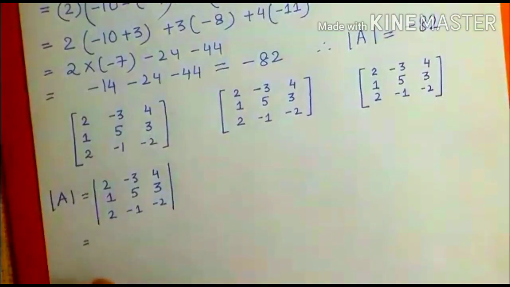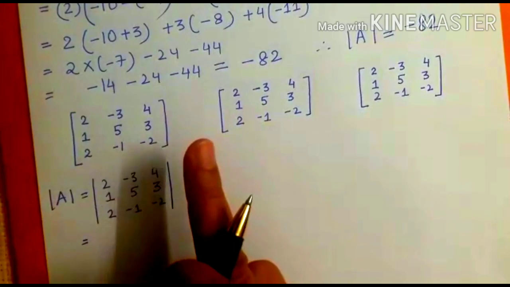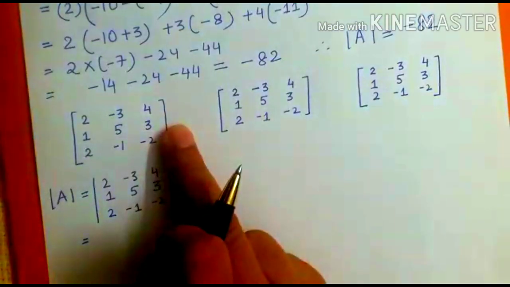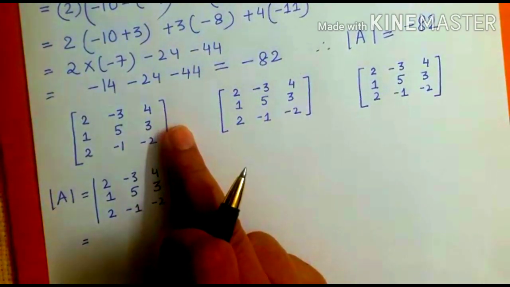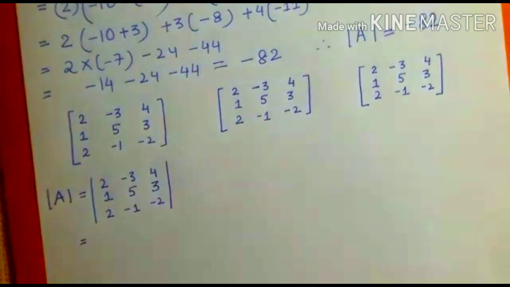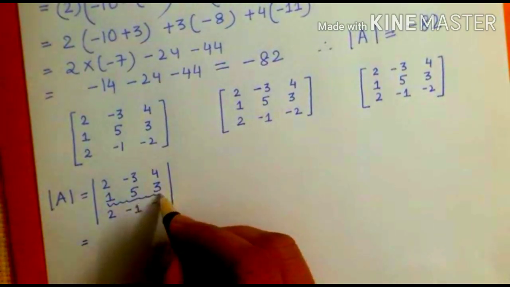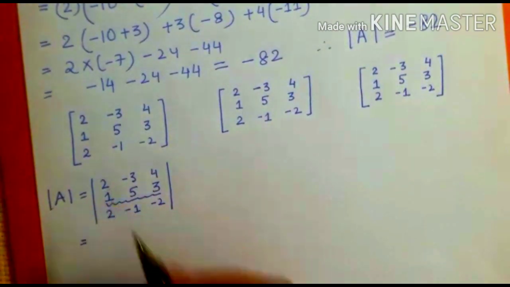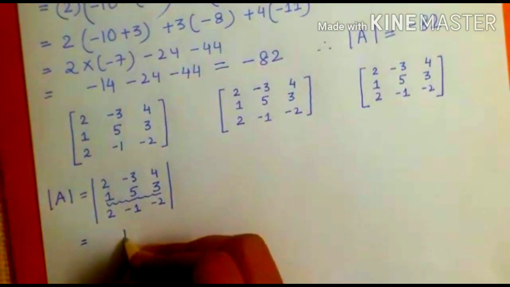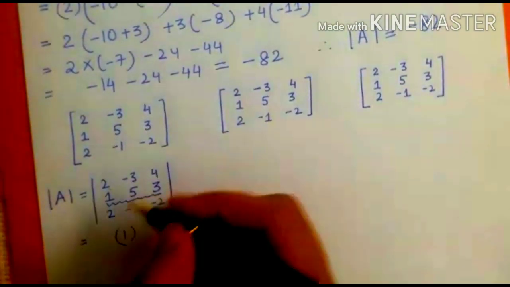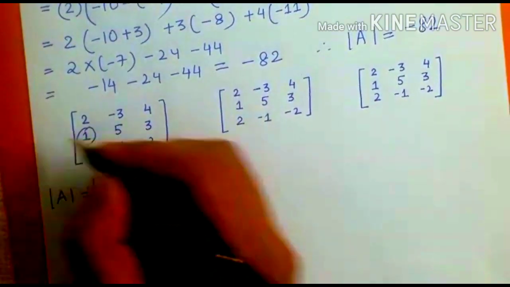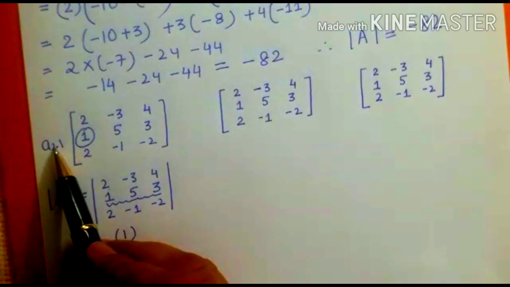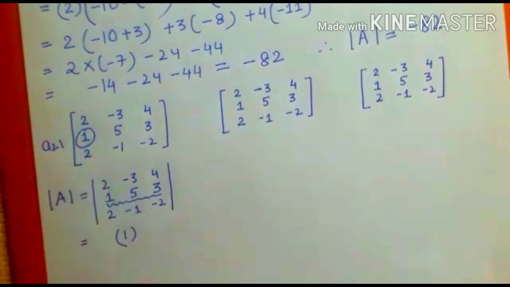Okay, now let's see what will happen if I decide to find the determinant of this matrix by expanding along the second row, that is along this row. Let's see. Pick up the first element of this row, which is 1. Now this first element, the position is A21 because it lies in the second row and in the first column.